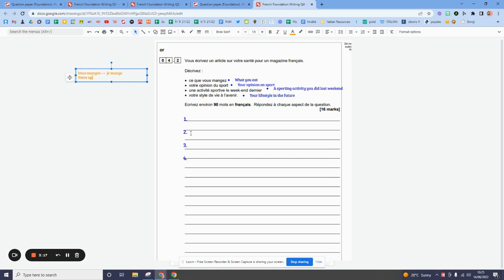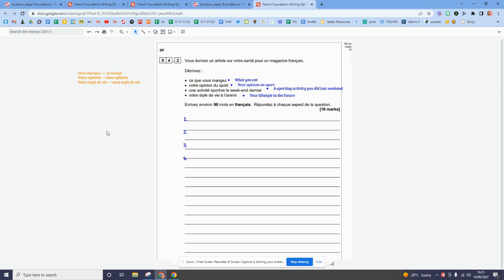Votre opinion is going to become mon opinion. Votre style de vie is going to become mon style de vie, okay? Please try to remember that at the start when you're sitting down to do your exam, because you're not just going to copy those out. It wouldn't make any sense.